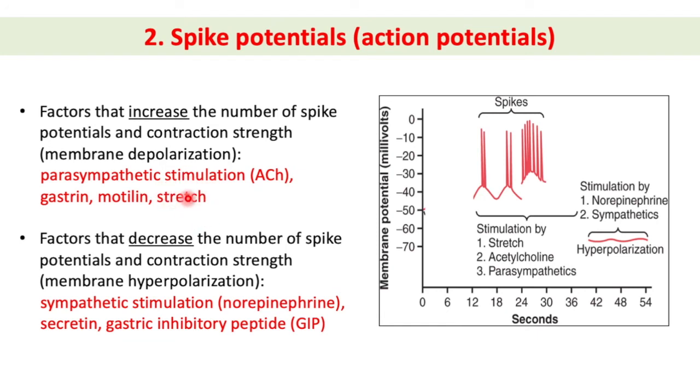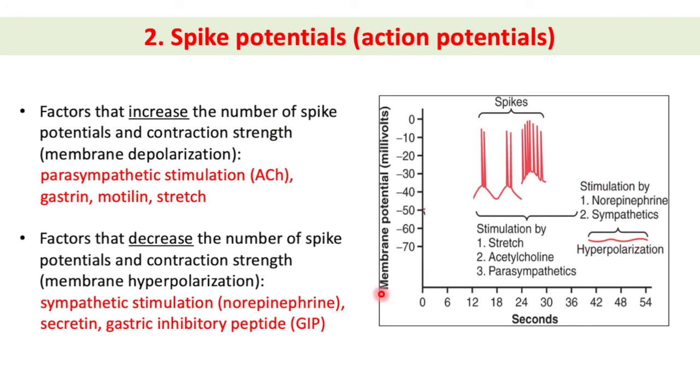When there is substance or food in the lumen of the GI tract, the smooth muscle will be stretched. So this will cause membrane depolarization and subsequently will stimulate action potentials and cause muscle contraction. So these are some of the factors that may increase the spike potentials.